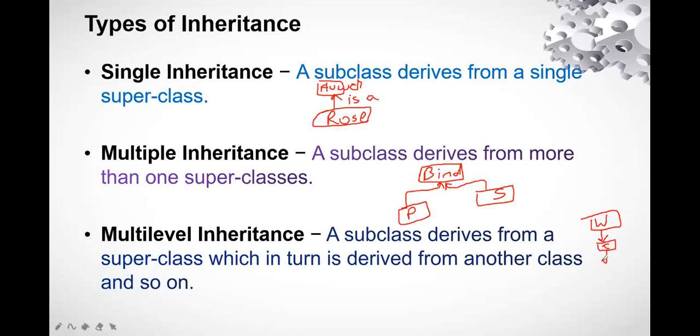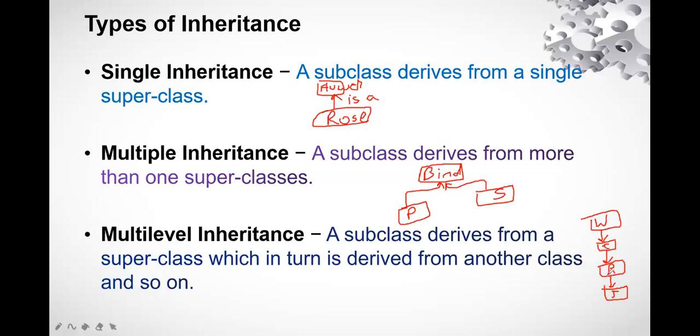In India, we have state. State is, let's say, Rajasthan. And in this, we have what? Let it be a city, that is Jaipur. So what is this? This is the multi-level. That means there are multiple levels, multiple level of inheritance.